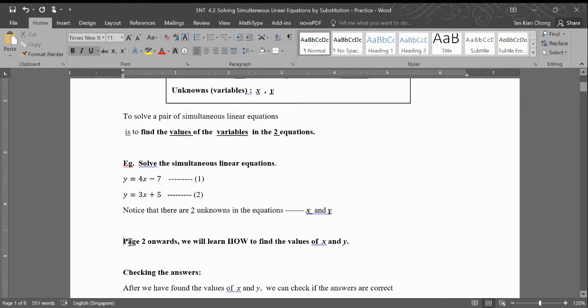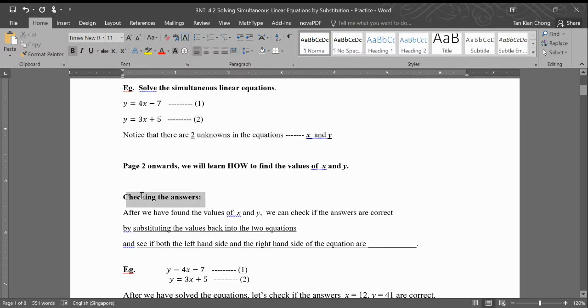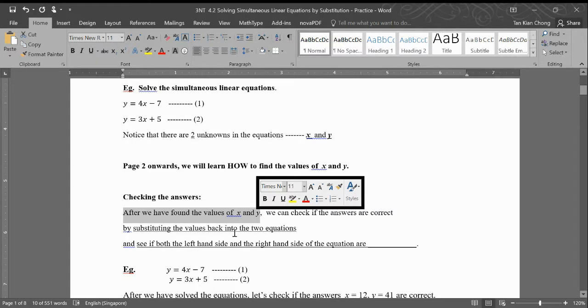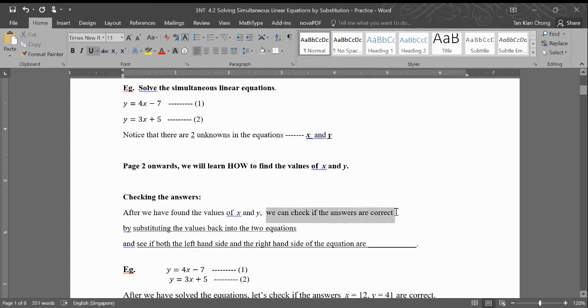Now, from page 2 onwards, we're now at page 1, page 2 onwards, we will learn how to find the values of x and y. But for now, on the first page, we're going to learn how to check the answers. After we have found the values of x and y, meaning after you have solved the whole question and we got the answers for x and y, we want to check if the answers are correct.